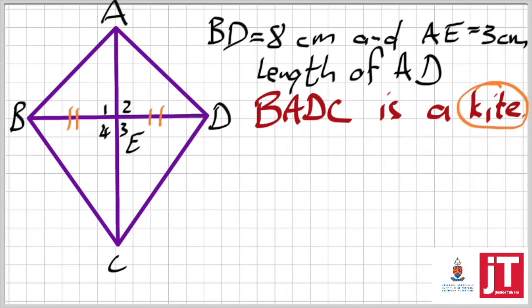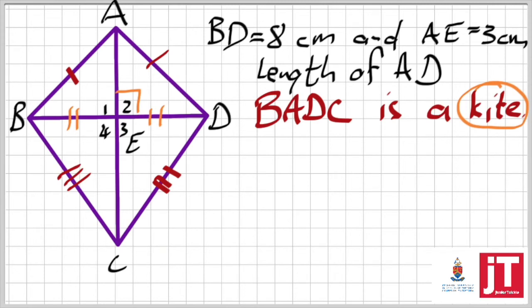Well, one pair of diagonals are bisected at 90 degrees, and AB is equal to AD and BC is equal to CD. Now, here's a very important note that I thought about as I was speaking to you.